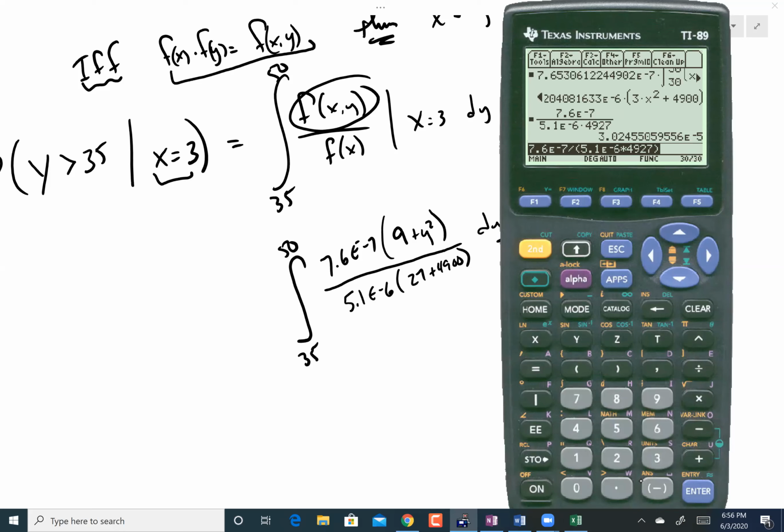Just remember, I got that number times 9 plus y squared. This is my new function I'm going to be integrating with respect to y from 35 to 50. I just forgot my integral sign. It says too many arguments.